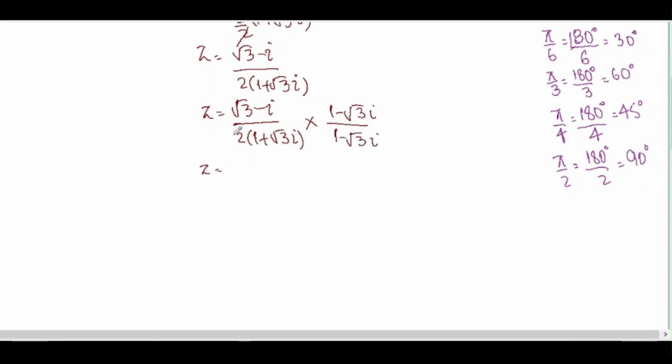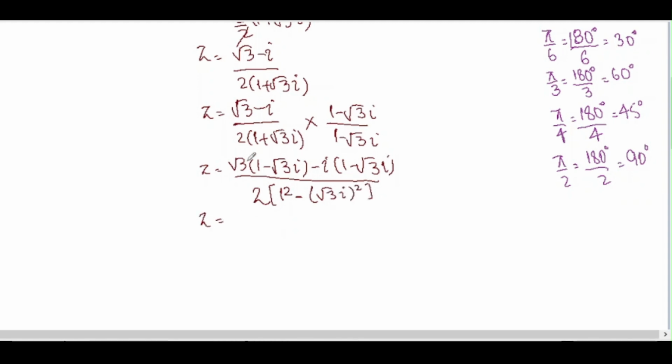Now z equals square root of 3 into 1 minus square root of 3 iota, minus iota into 1 minus square root of 3 iota, whole divided by 2 into, now it is a plus b into a minus b. What is this formula equal to? A square minus b square, where a is 1 and b is square root of 3 iota, so it becomes 1 square minus square root of 3 iota whole square.